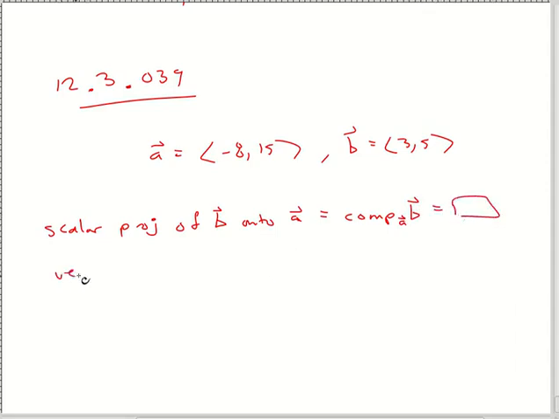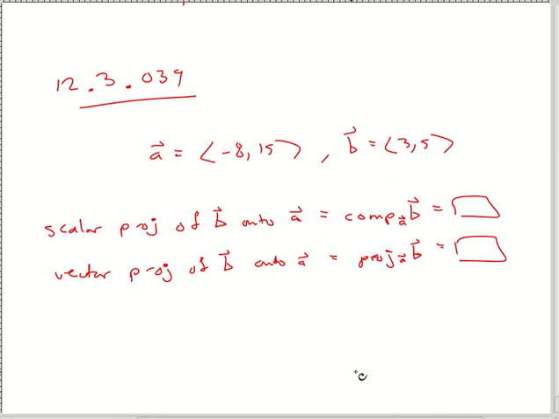And then they want the vector projection of B onto A, and you can rewrite it as proj, with a little subscript A vector, and a regular size B vector, and they want that.